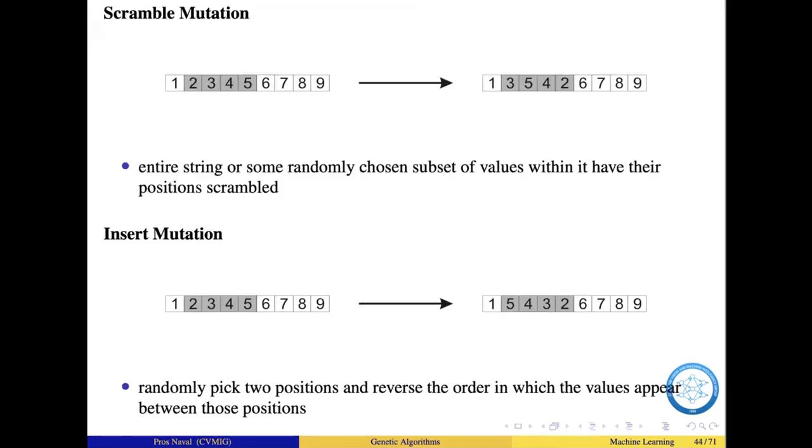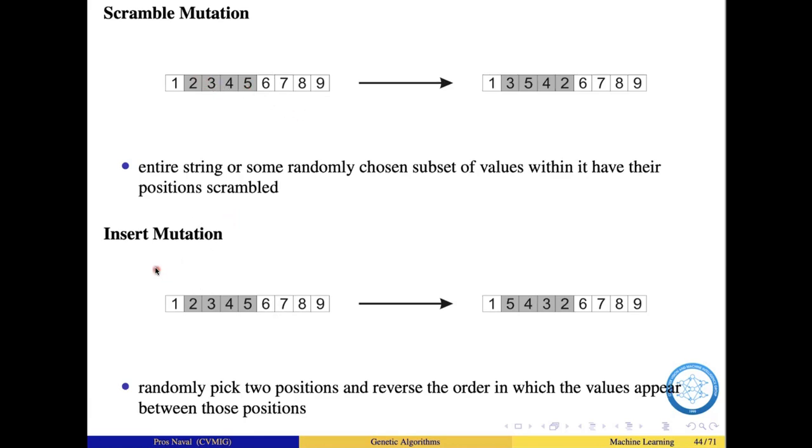You can also have a scramble mutation, where the entire string or some randomly chosen subset of values within it have their positions scrambled. Okay, so you choose a subset, a substring, or the entire string if you wish, and then you just shuffle the values within the chosen segment.